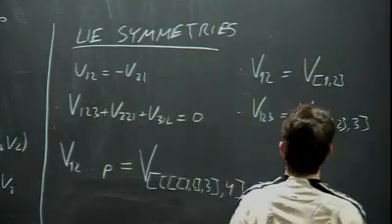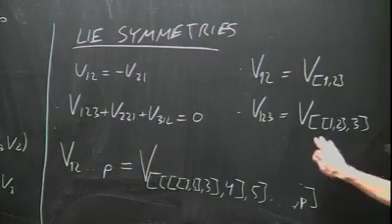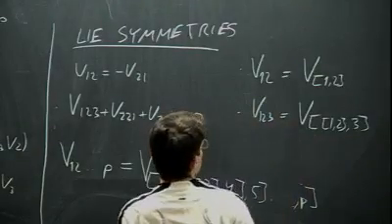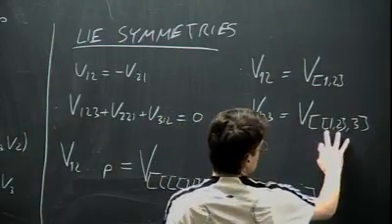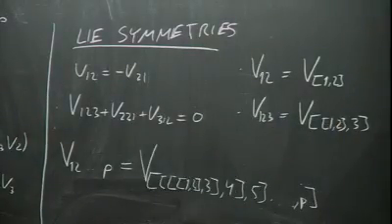So we have this notation now, and you can see that there is some ordering for the brackets, but you can ask yourself what happens with other orderings. So, for example, what is this one?